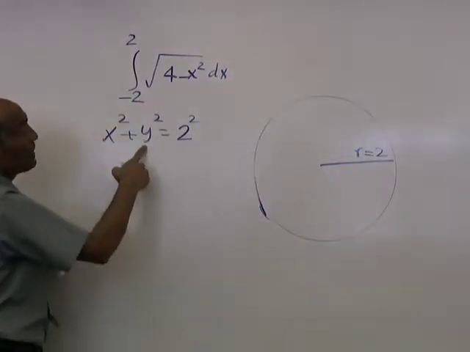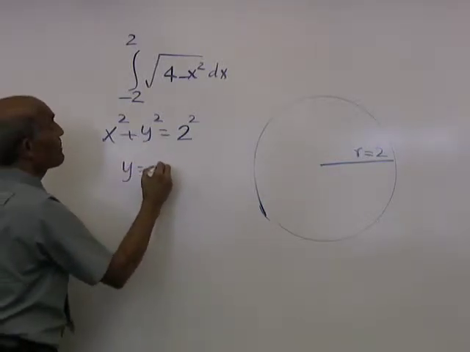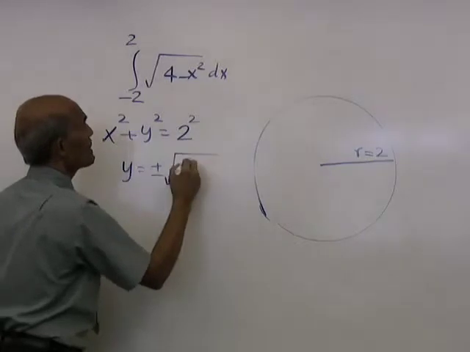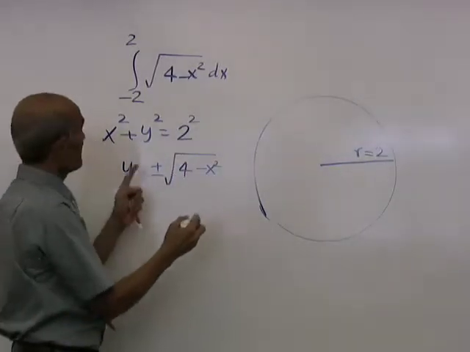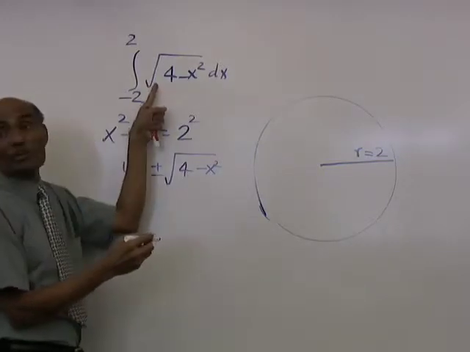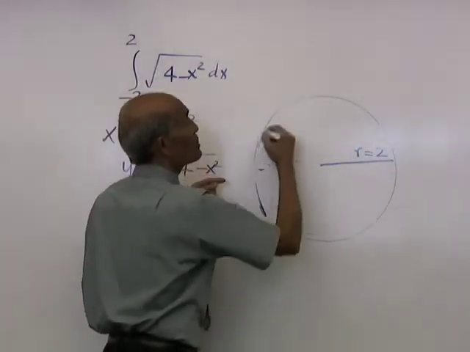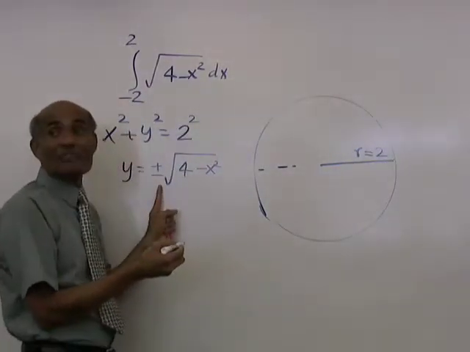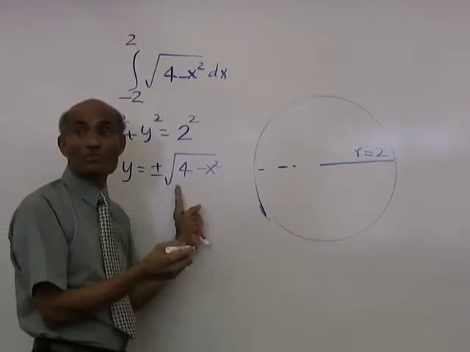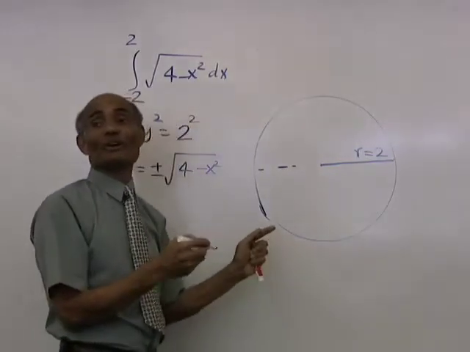Now, if you solve this for y, you get y equal to plus or minus square root 4 minus x squared. In fact, y equal to square root 4 minus x squared is the upper part of the circle, and y equal to negative square root 4 minus x squared is the lower part of the circle.